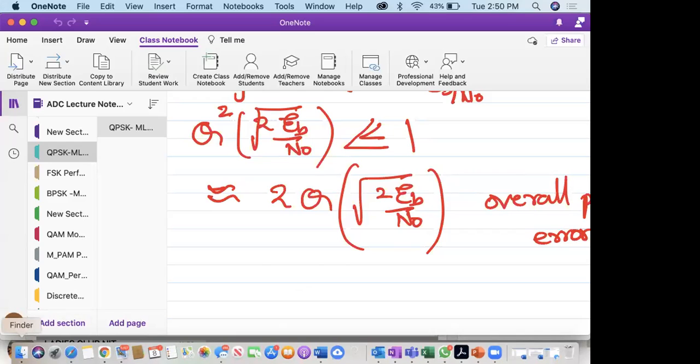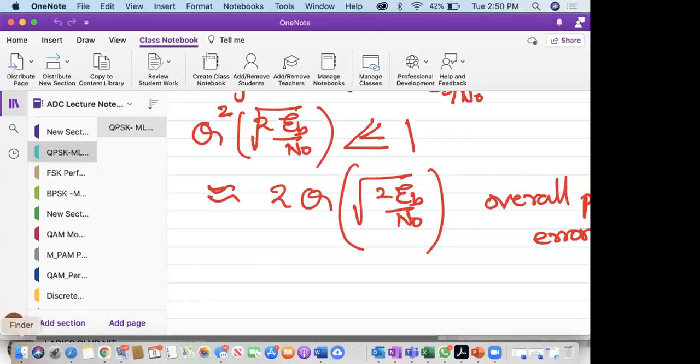MIMO-OFDM Wireless Communications by Cho. I think Cho is the best book. He explains each point very neatly, and he also starts from the basic digital communication modulation schemes. There are many other books too. Yes, madam, thank you. Then, if there are no doubts, I'll quickly move to the next session.